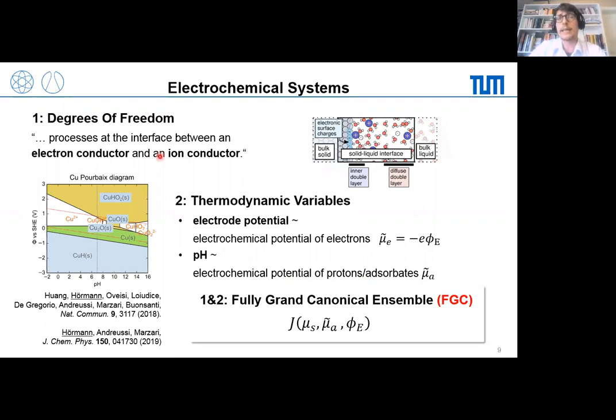Taking these two things together, it's clear that we want to describe this interface in a grand canonical ensemble. So we are looking for a grand potential that depends only on the electrochemical potentials of the species in our system.